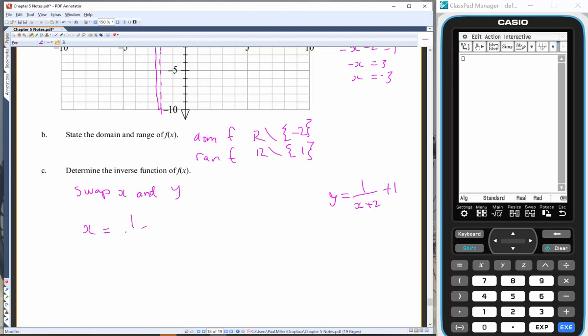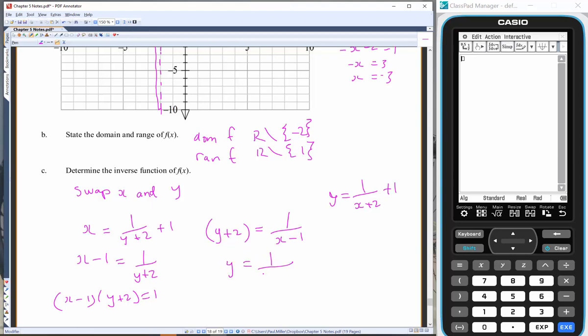X is equal to 1 over y plus 2, plus 1. Okay, x take 1 equals 1 over y plus 2. X take 1 times y plus 2 equals 1. Y plus 2 equals 1 over x take 1. Y equals 1 over x take 1, take 2.